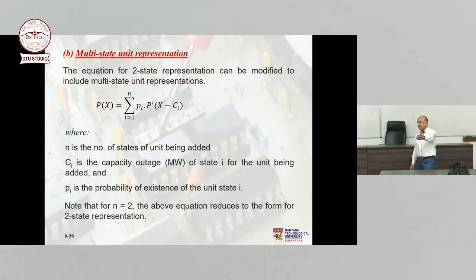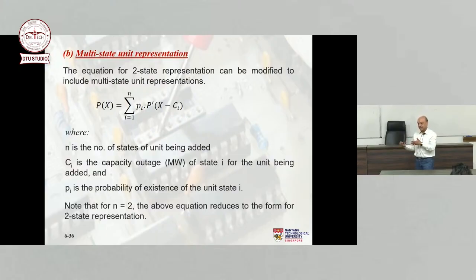Now suppose we go back to the two-state unit for argument's sake, then it will be i equal to 1 to 2, correct? And then we'll have P1, P prime X minus C1 plus P2, P prime X minus C2, am I right? Imagine that the generator exists in two states, 0 megawatt out and 20 megawatt out. And the probability of 0 megawatt out is 0.99 and the probability of 20 megawatt out is 0.01.